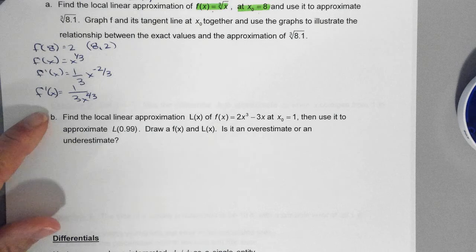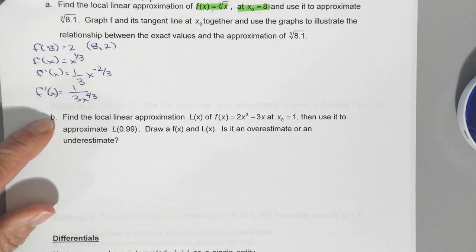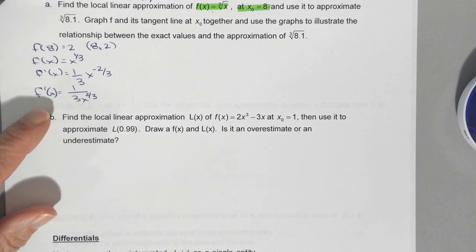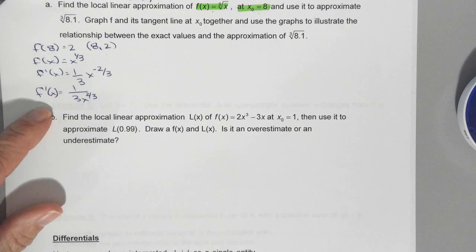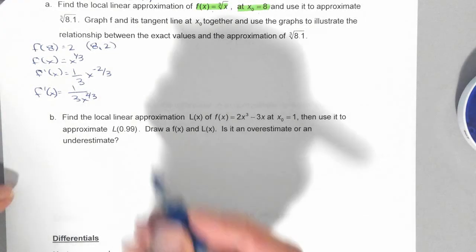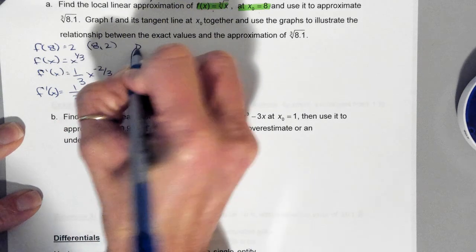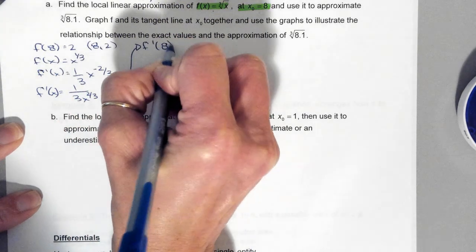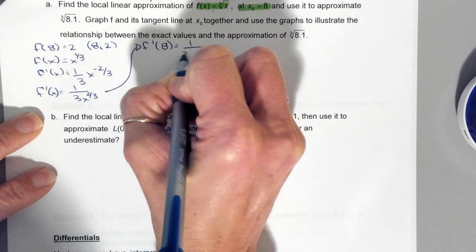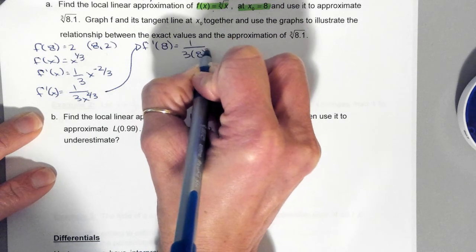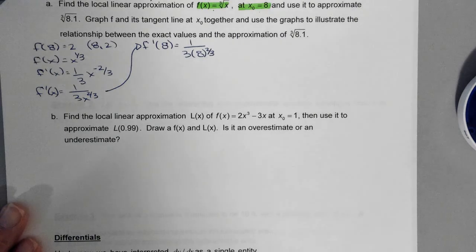Okay, so if this is the derivative, what am I using this for? To find the slope. And I want to find the slope where? At 8. So that means I need to evaluate f prime of 8. So I've got 1 over 3 times 8 to the 2/3 power. What does 8 to the 2/3 mean?